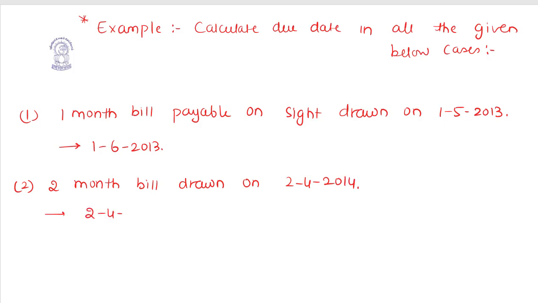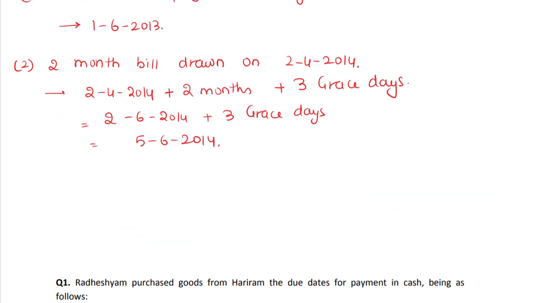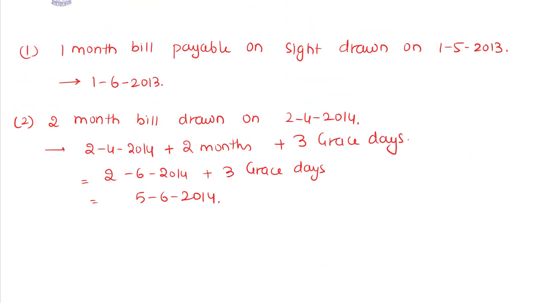It would be 2nd April 2014, plus 3 grace days would be added, because this is not on sight, on presentment or on demand. 2nd April 2014 plus 3 grace days, it is 5th April 2014. I believe you understood. Let us continue.